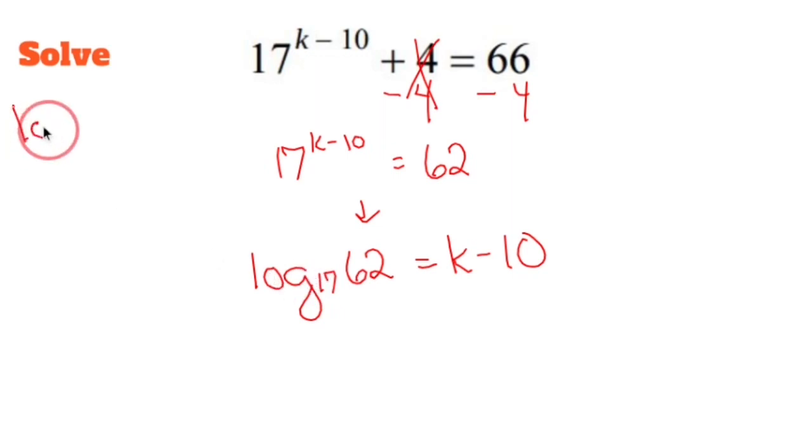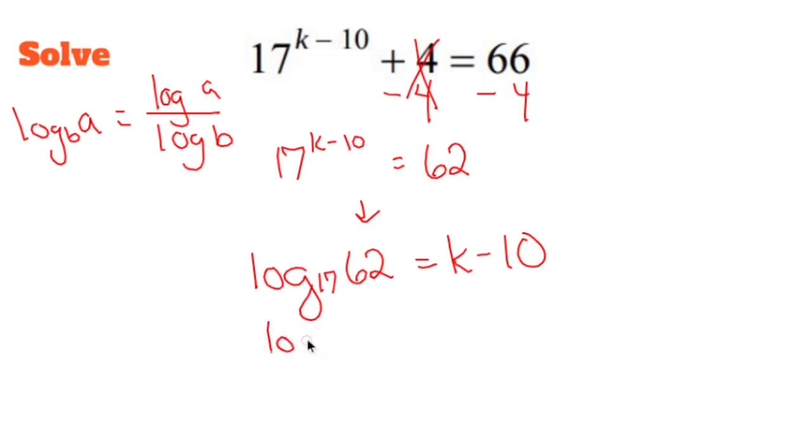Now the change of base formula says if you have something log base b of a, you can turn that into log base 10 or log base whatever you want of a over log base, same thing, of b, right? So log base 10 of a, you could also use ln of a over ln of b, but that's what I have here.